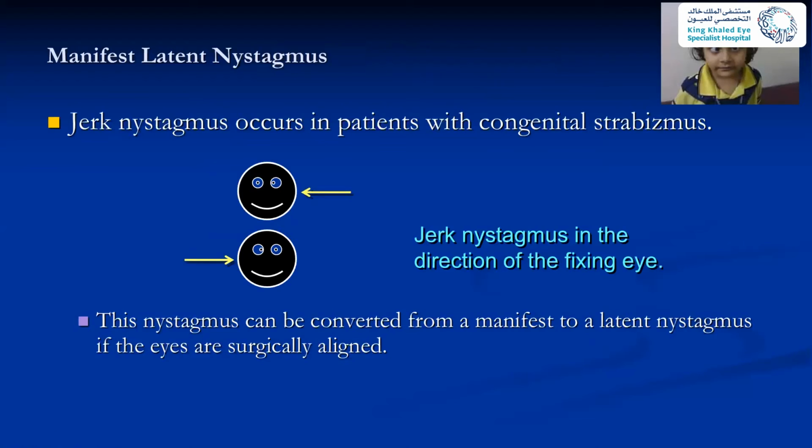If this eye is fixing, the other eye will have jerk nystagmus in the direction of the fixing eye. This nystagmus can be converted from manifest to latent nystagmus if the eyes are surgically aligned. This is a manifest latent nystagmus.